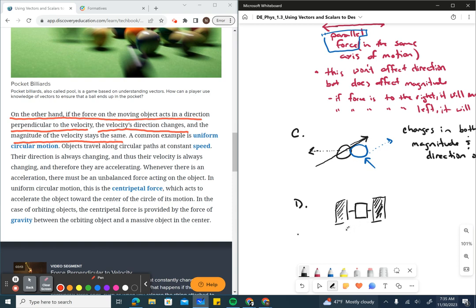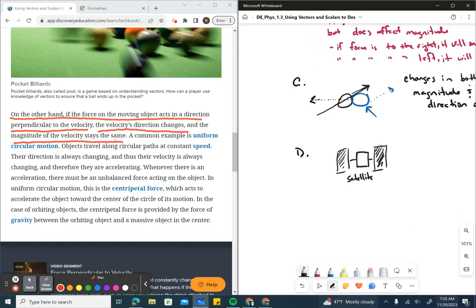Let's call this a satellite. And here's Earth. Let's say the satellite is moving this direction. Okay. And let's just say that you have Earth underneath. We'll draw Earth. This is planet Earth.